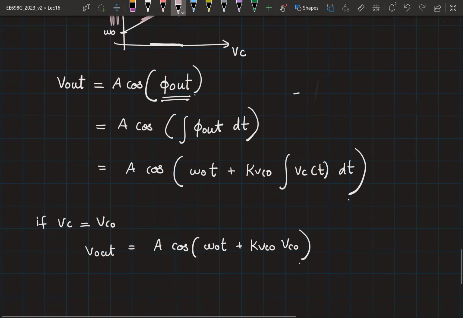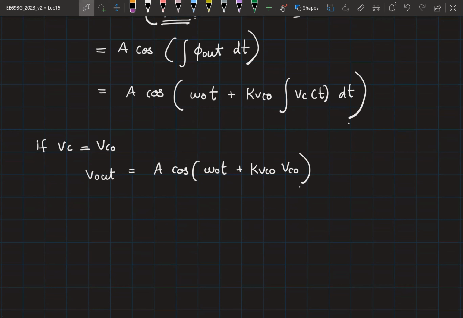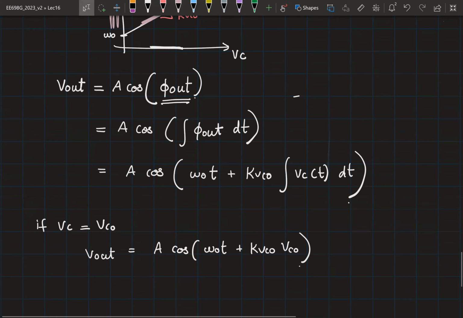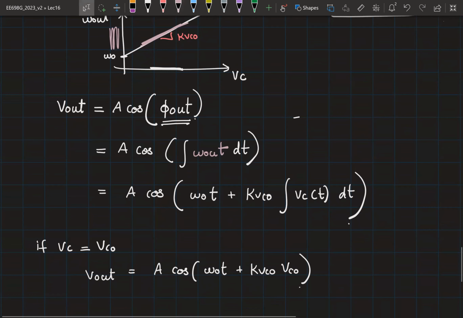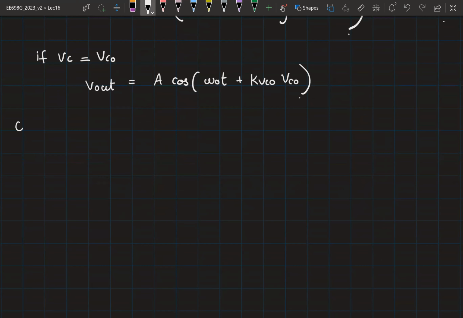Okay. A cos integral, correct, sorry. Yeah, right. Is this okay? Okay, then let me give you a small question we can work on.